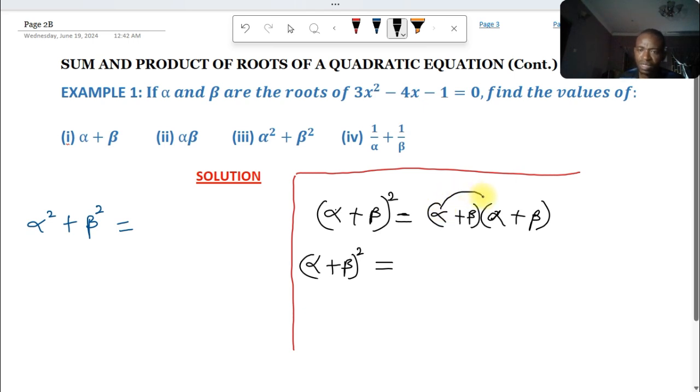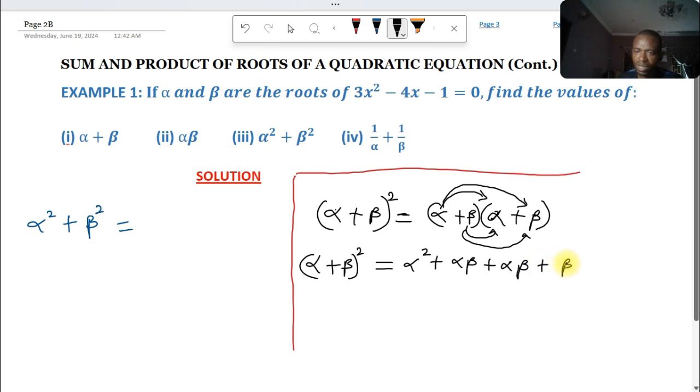Alpha times alpha gives alpha squared. Alpha times beta gives plus alpha beta. Beta times alpha gives plus alpha beta.